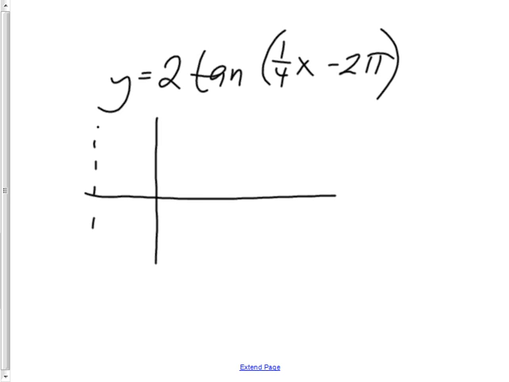For tangent in the first place, the parent, I recommend you always start with that. Pi over 2 to negative pi over 2. Raise your hand if you started with the right asymptotes. Okay, good. Then, would you agree that there's two spots on this graph that are kind of important? Right there and right there. Those are 1 and -1. Why are those important?